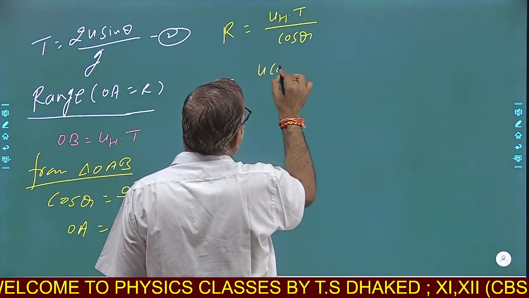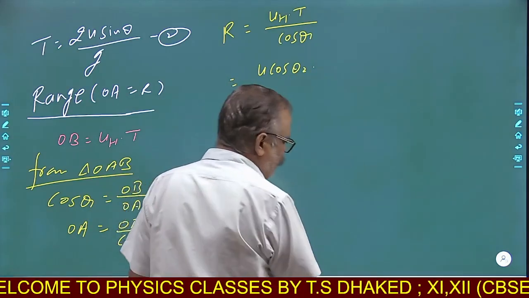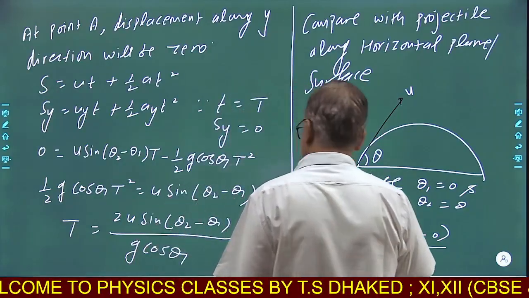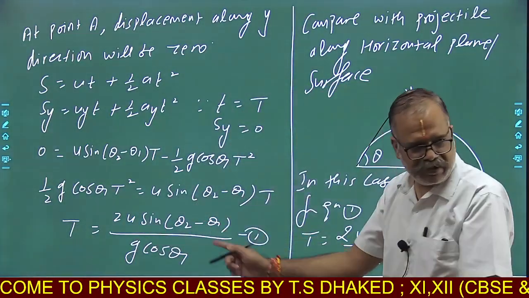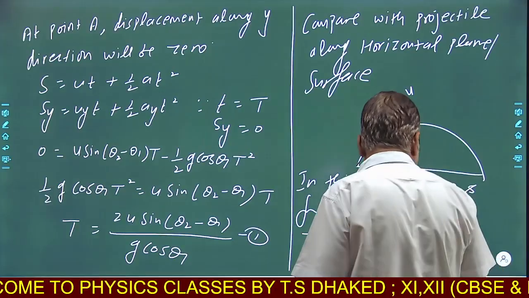UH is U cos theta 2, and the time of flight from the first equation is twice U sin of theta 2 minus theta 1 upon G cos theta 1.